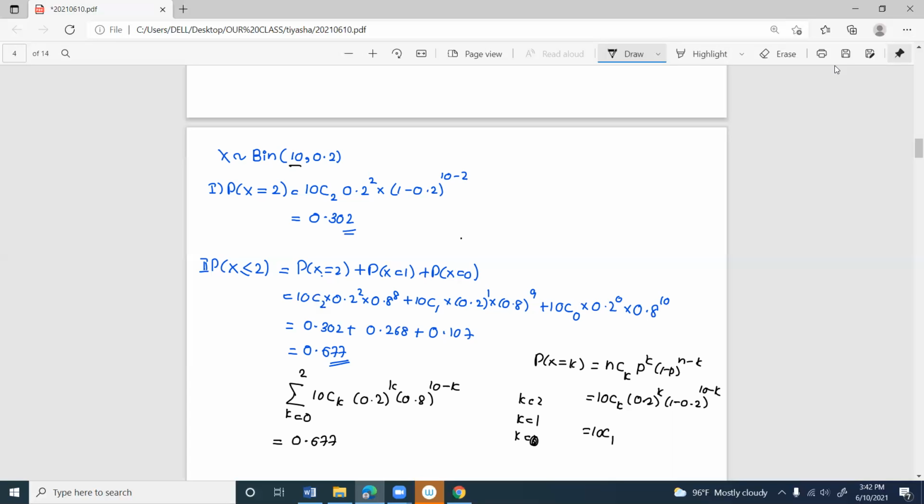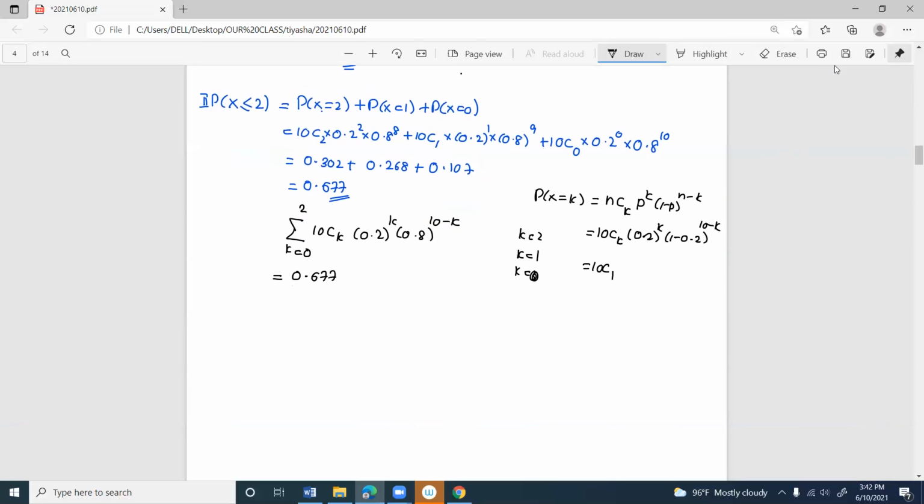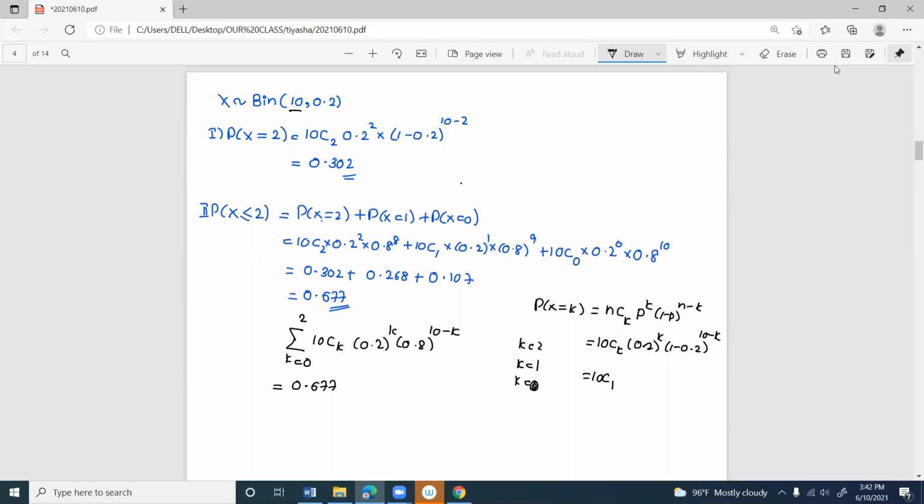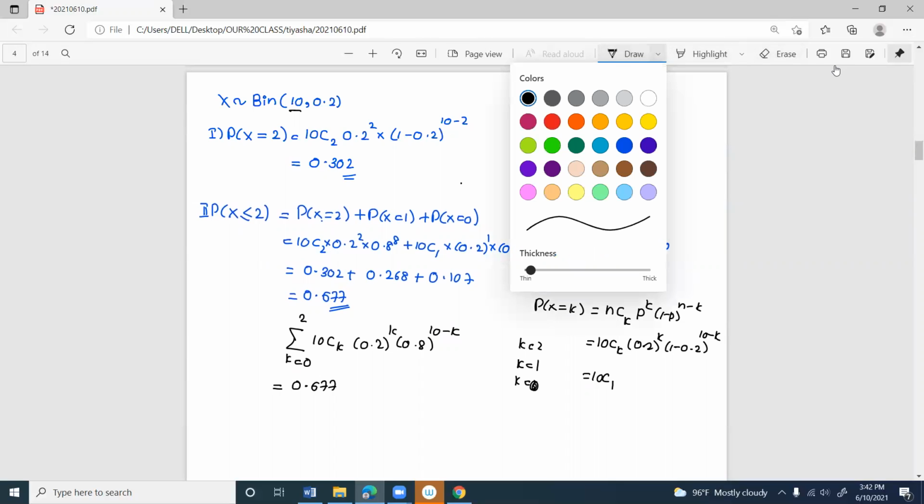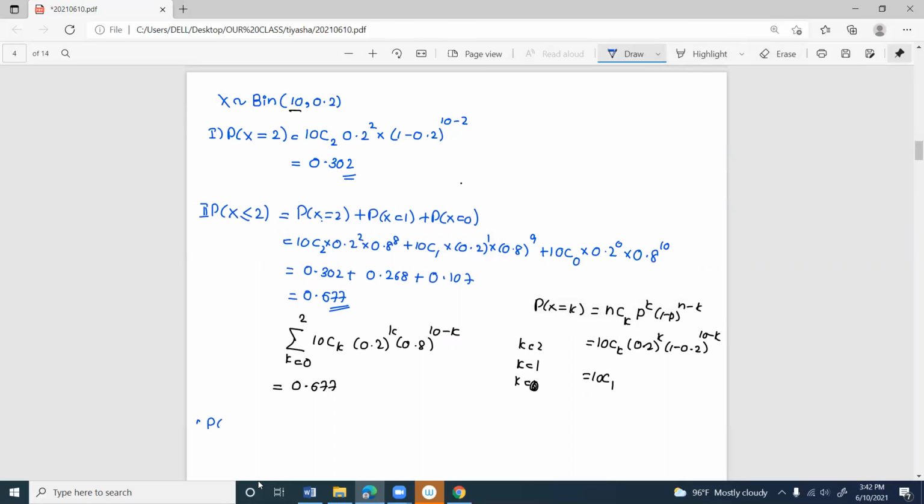Okay, right. Then the next part of the question, they can ask you this way. They might ask you to write the probability of x is less than 2. In this sense, less than 2 means that 2 is not included. Therefore, you can write this as the probability of x equals 0 plus the probability of x equals 1.